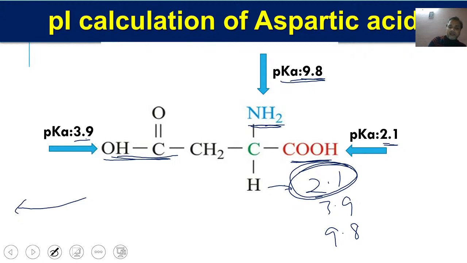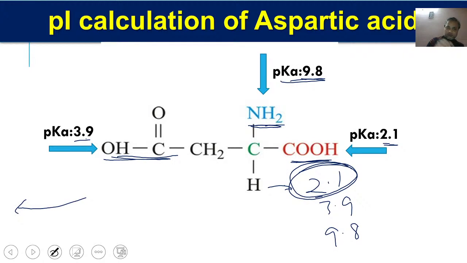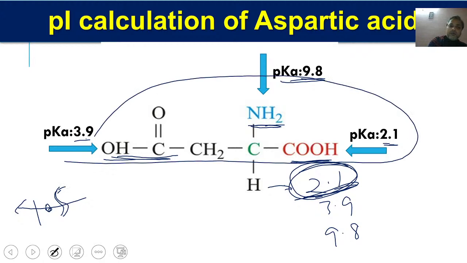So for the time being, I am going to put this amino acid at a pH lower than 2.1, like 1.5 pH. At 1.5 pH, this amino acid will be in the positively charged condition. It will be positively charged.